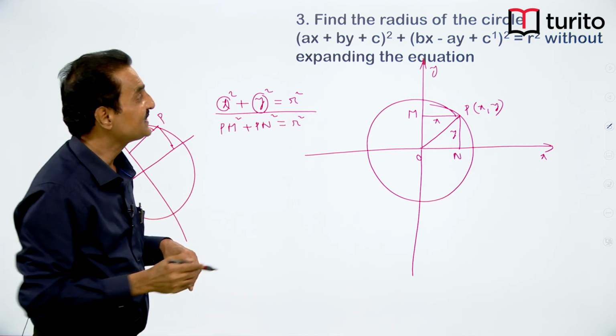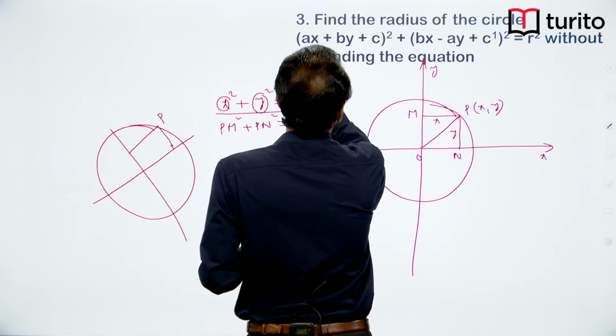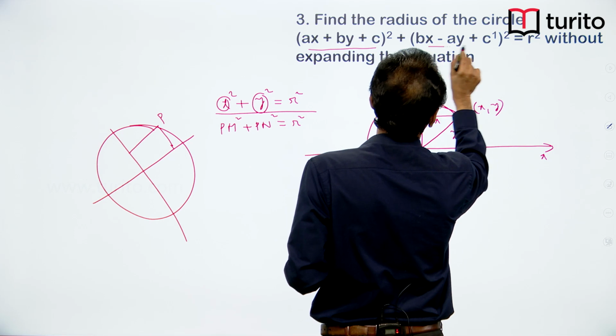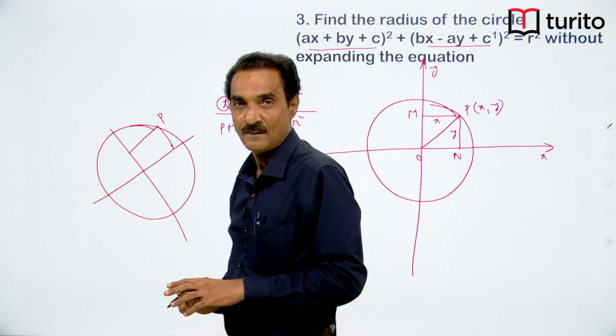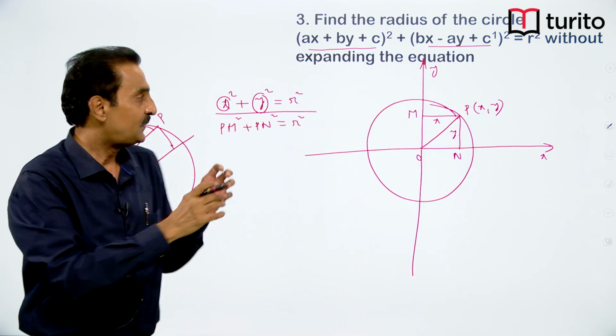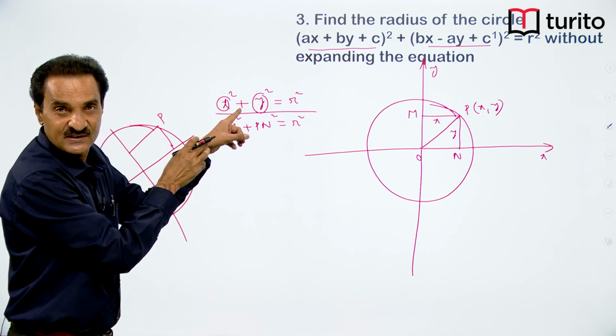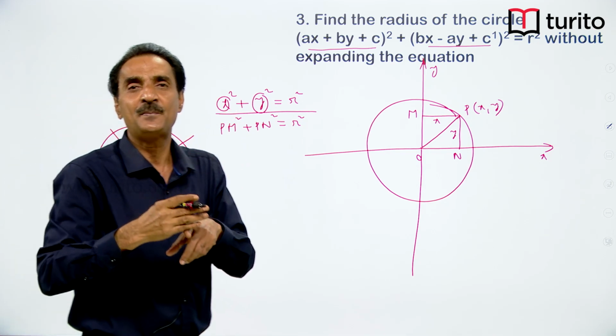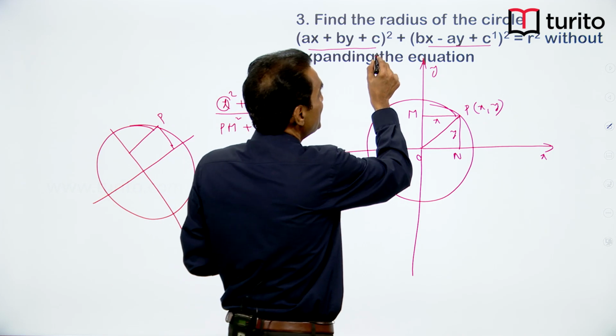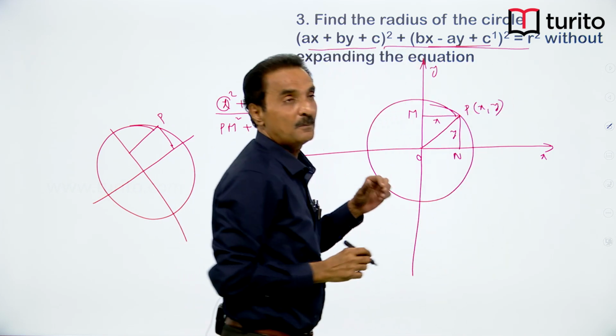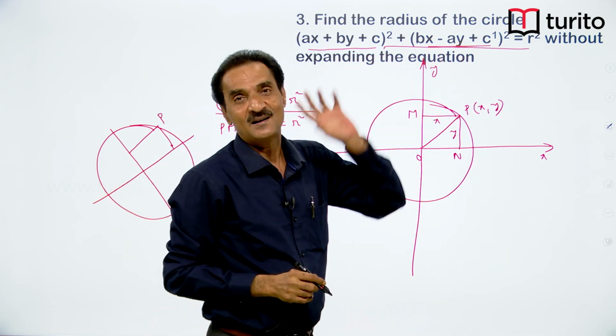How to get the radius? If you take this equation, this line and this line are perpendicular to each other. So, when you replace x and y in this equation by two mutually perpendicular lines, the equation represents a circle, but radius won't be r.